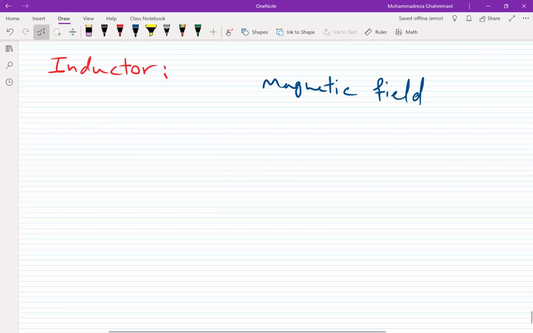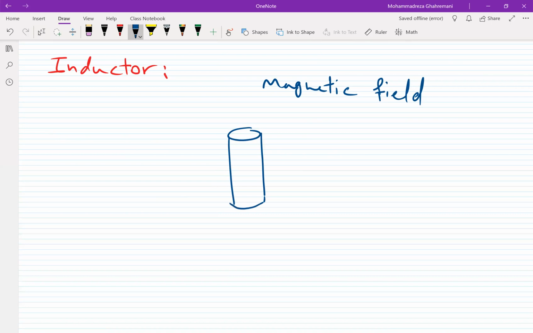So we have a coil, and a wire that is wound into a coil. So here is a wire, which we wound around the coil. And this is the basic structure of an inductor.